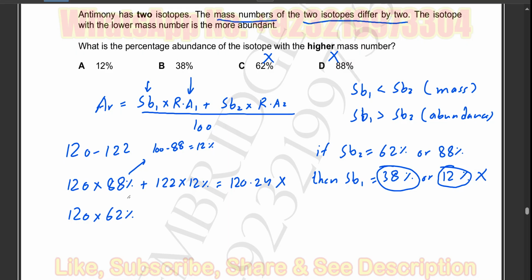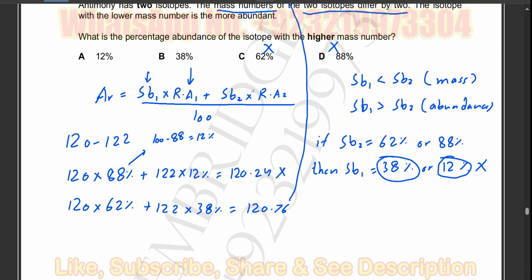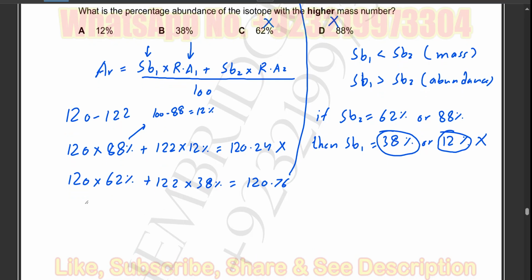Now 62% for the lighter isotope plus 38% for the heavier isotope will give me the value of 120.76. This 120.76 is very similar to 121.76, which means I'm just 1 unit away from the actual answer.